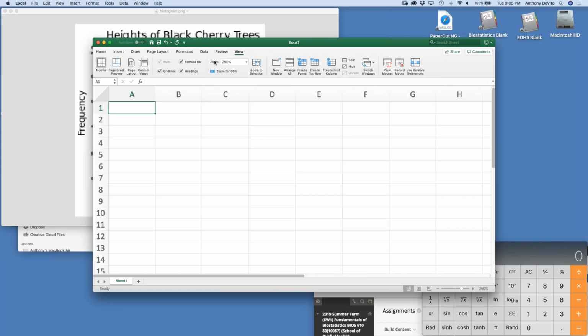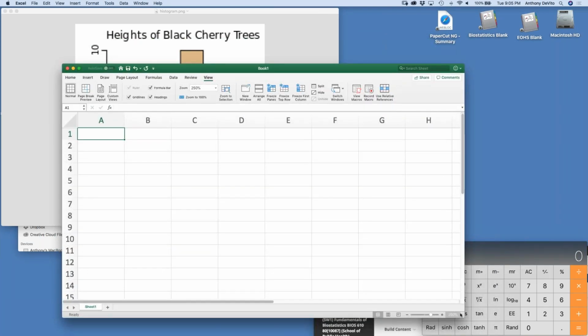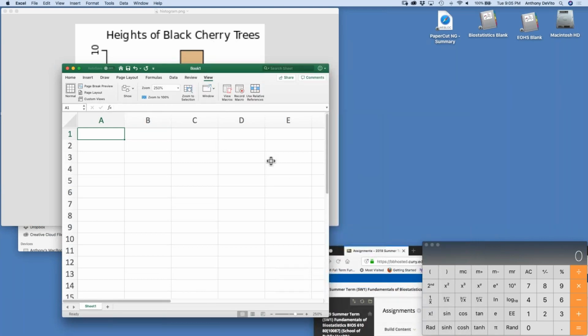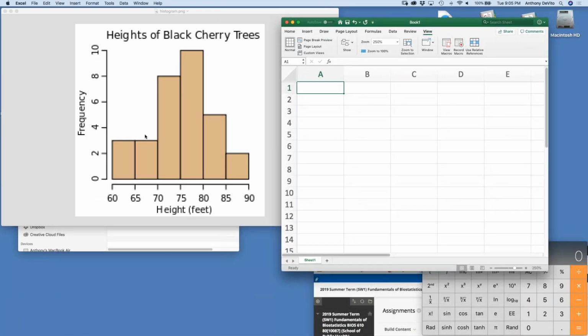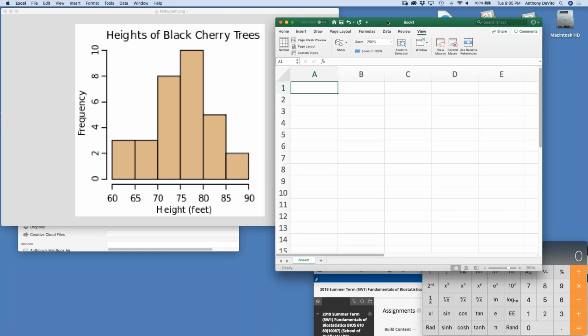Okay, so this histogram that we're looking at right here describes a random sample of black cherry trees in, I don't know where they grow black cherry trees. I have a feeling that cherry trees like moderate climates, so maybe Maryland or Virginia.